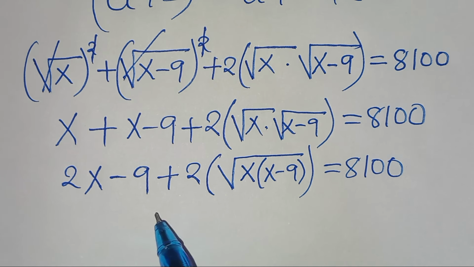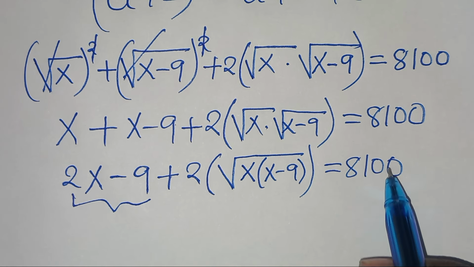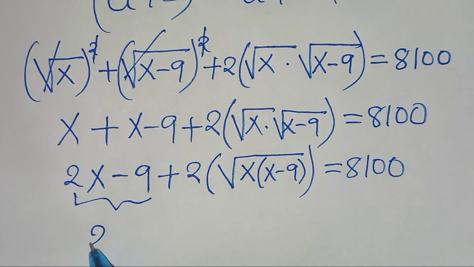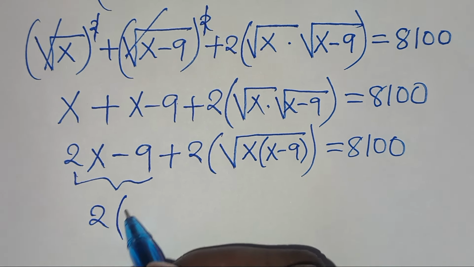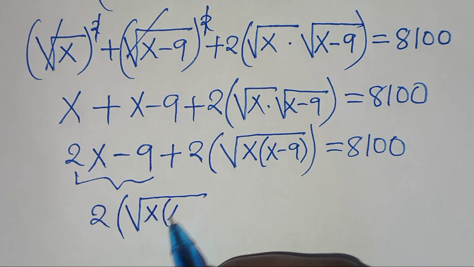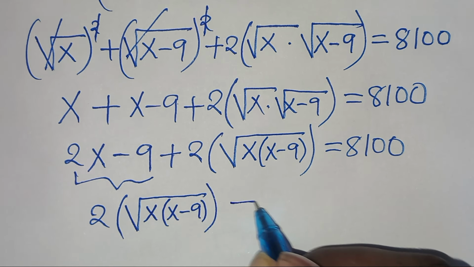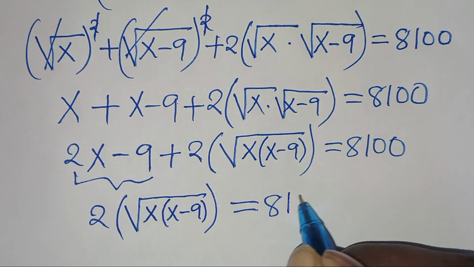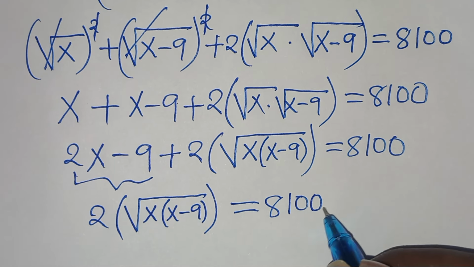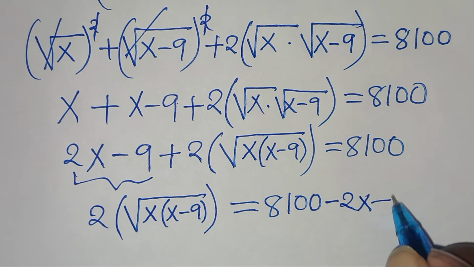The next step from here, let's take 2x minus 9 to the right hand side, so that we have 2 into the parentheses, x multiplied by x minus 9, equal to 8100, subtract 2x, then plus 9.